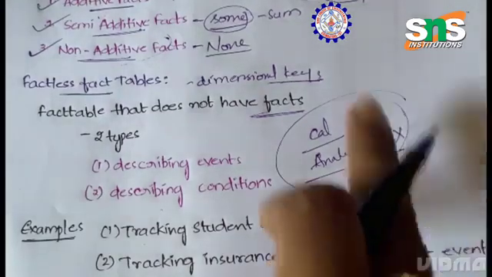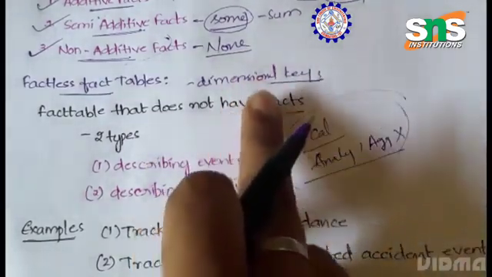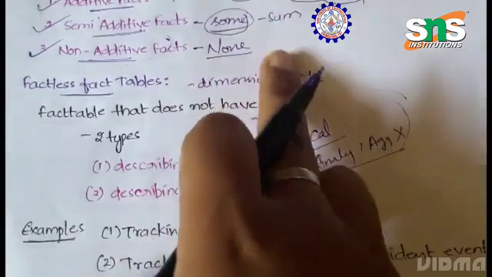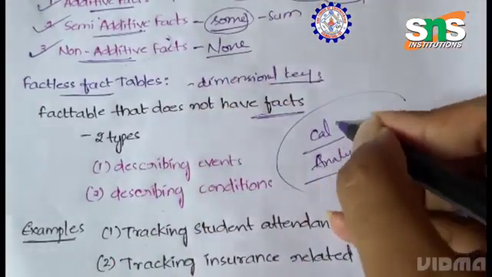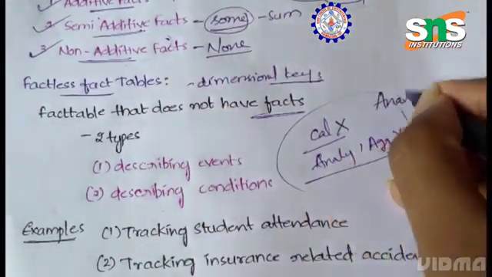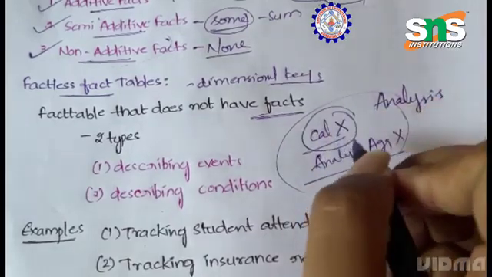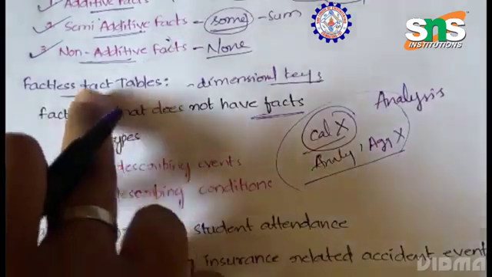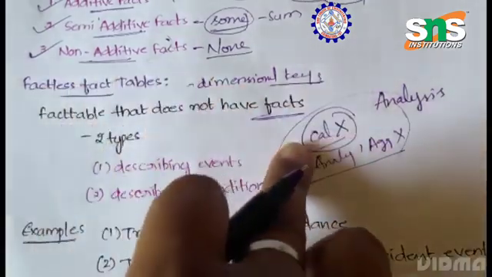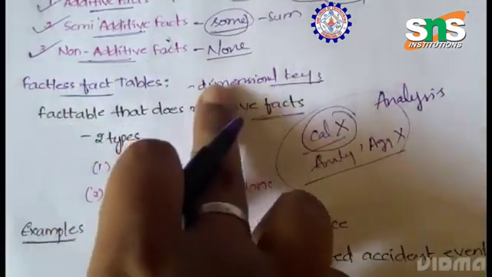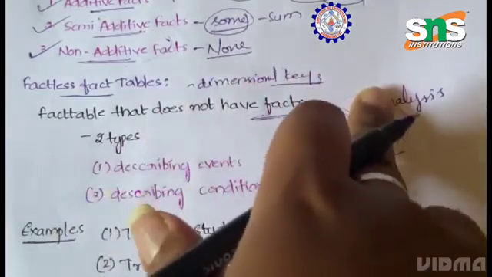So that is about the factless fact table. It will not have facts. It will have dimensional keys. It will not have calculations. It will have analysis information only. It does not have facts and it does not have calculation information.